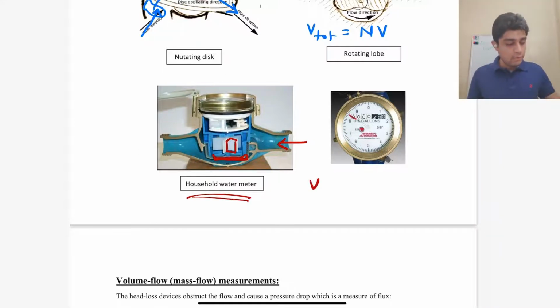So as the fluid flows, if there are five such sections, one rotation will lead to 5V volume passing through this water meter. And we can count the number of rotations by using this complicated gearbox, and it just gives the count on the scale which is attached at the top.